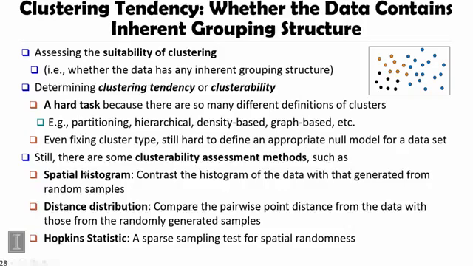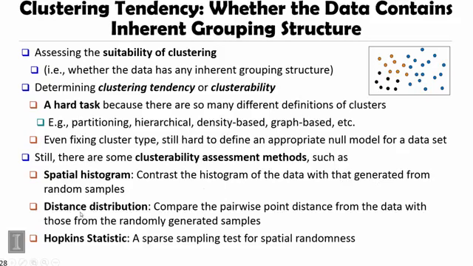For example, there are methods like the spatial histogram method, distance distribution method, or Hopkins statistic. The general philosophy is they try to compare their measure with the measure generated from random samples to see whether they are rather different. For example, the spatial histogram method tries to contrast the histogram of the data with the histogram generated from the random sample to see whether they are rather different.